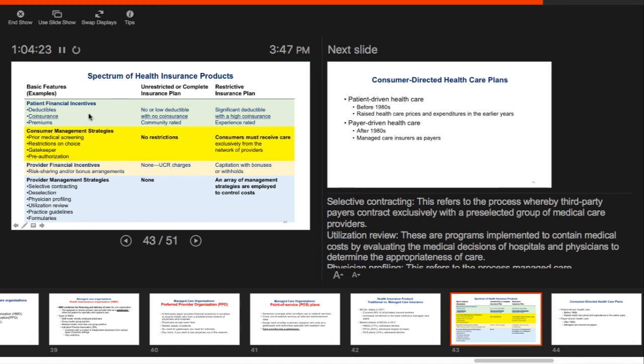Let's start with the patient financial incentives, which, as we had before, are the deductibles, co-insurance, and premiums. They are very important in making patients use more or less medical care. So those are the patient's financial incentives.